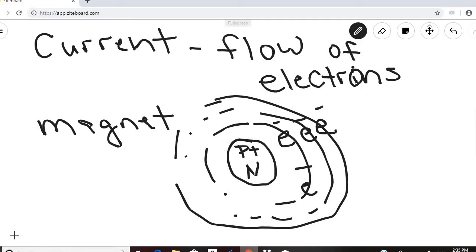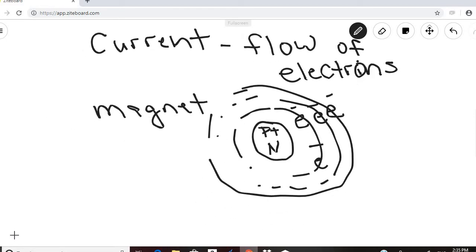So in a magnet, the charged particles that are flowing are the electrons orbiting around the nucleus. So moving electrons are just like moving charged particles, and the movement of the electrons orbiting the nucleus of the atom is what causes a magnet to be magnetic.